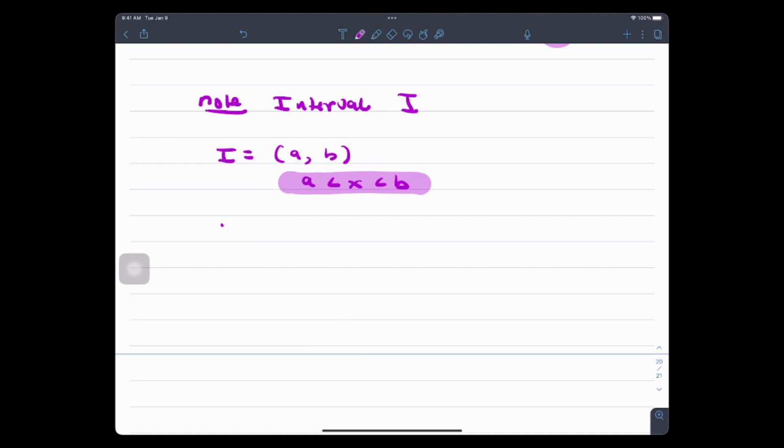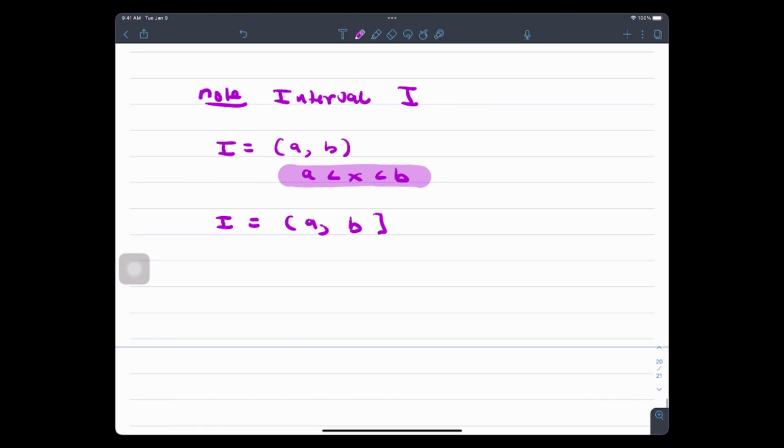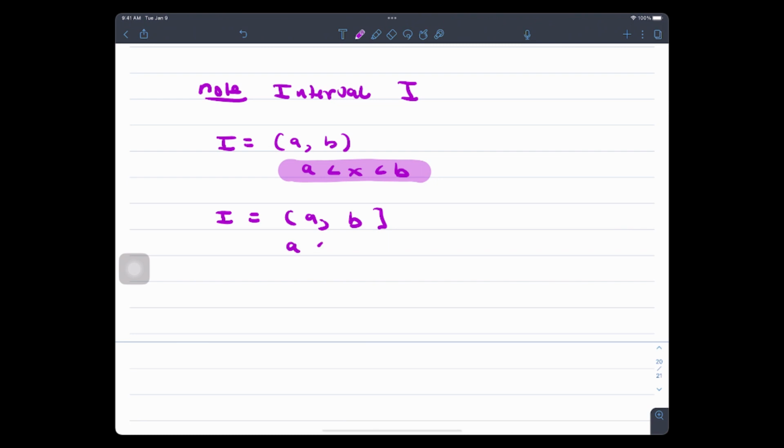You also will see intervals that look like this, a to b, where one endpoint is inclusive. You say, what does that mean? a is less than x, which is less than or equal to b. Easy peasy lemon squeezy.